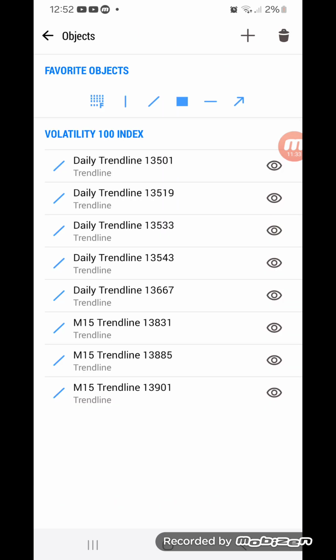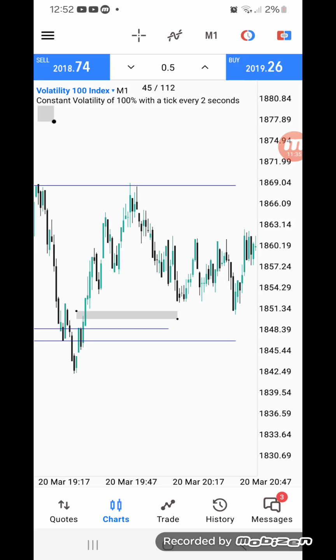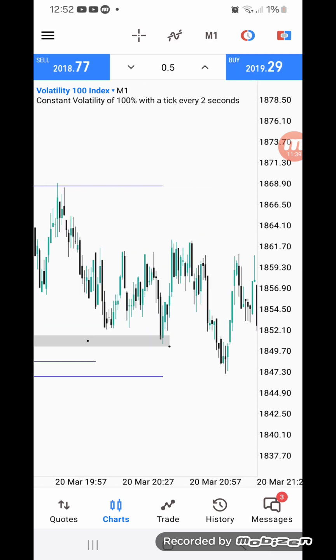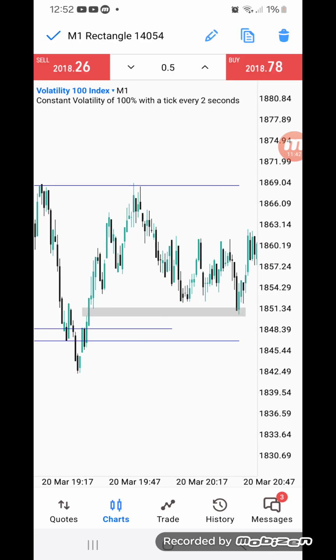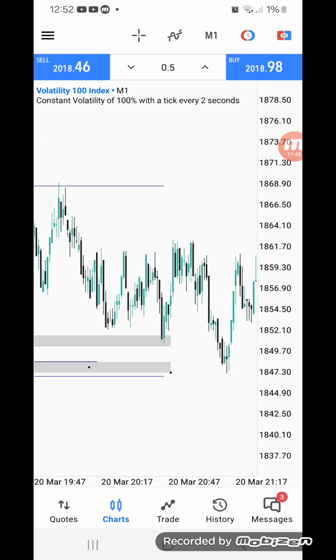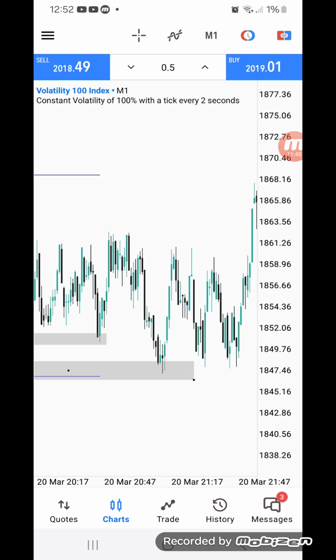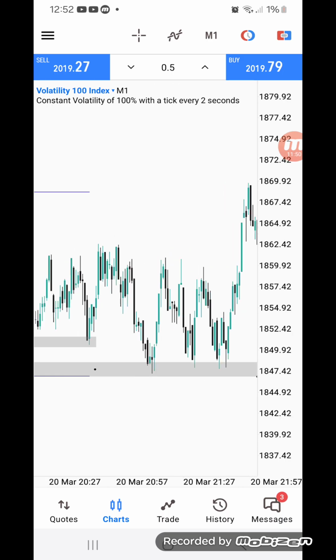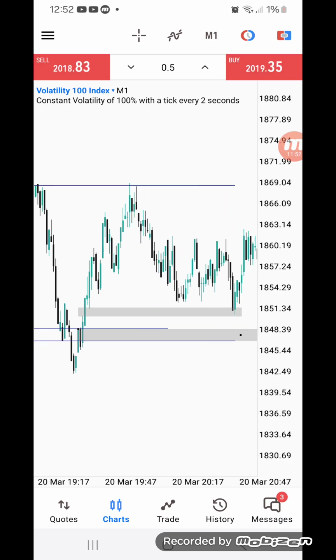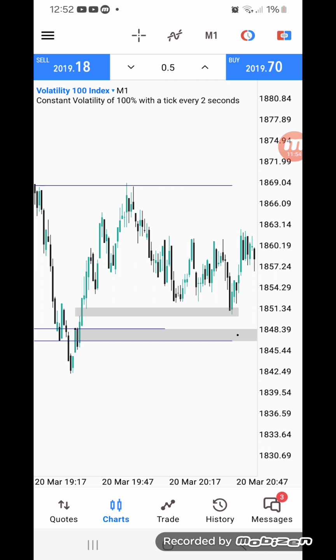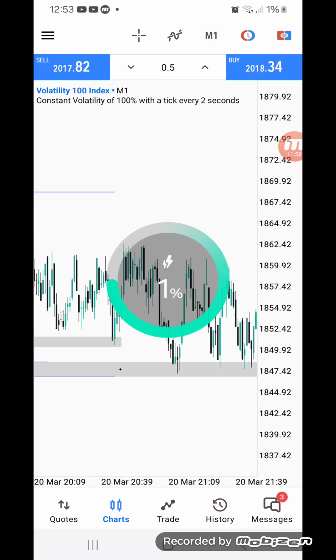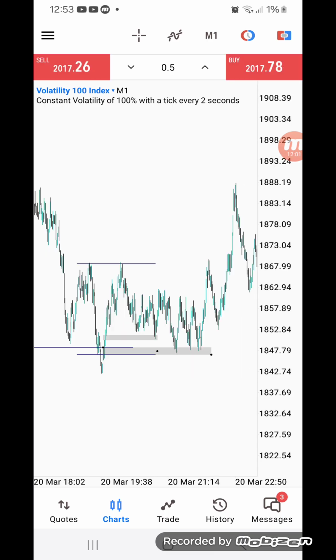The market came back to fill that fair value gap, and at the same time it was able to tap the demand zone. You can see very nicely the market tapped the 1 minute order block, and that's where we got our clean entry.